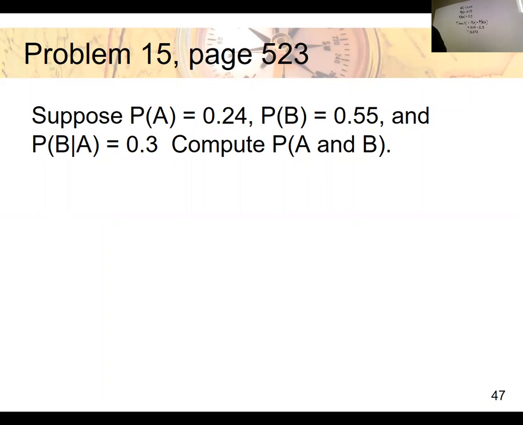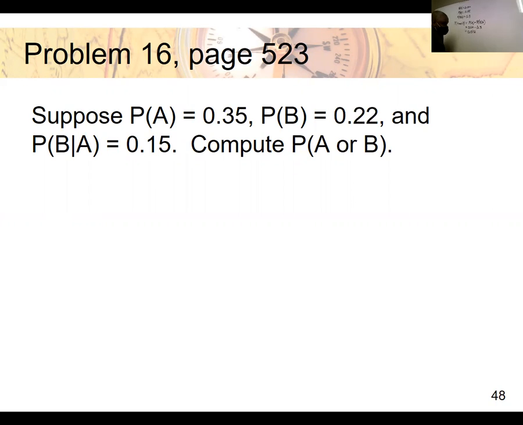Okay. All right, now on to number 16. Let's say that the probability of A was 0.35.